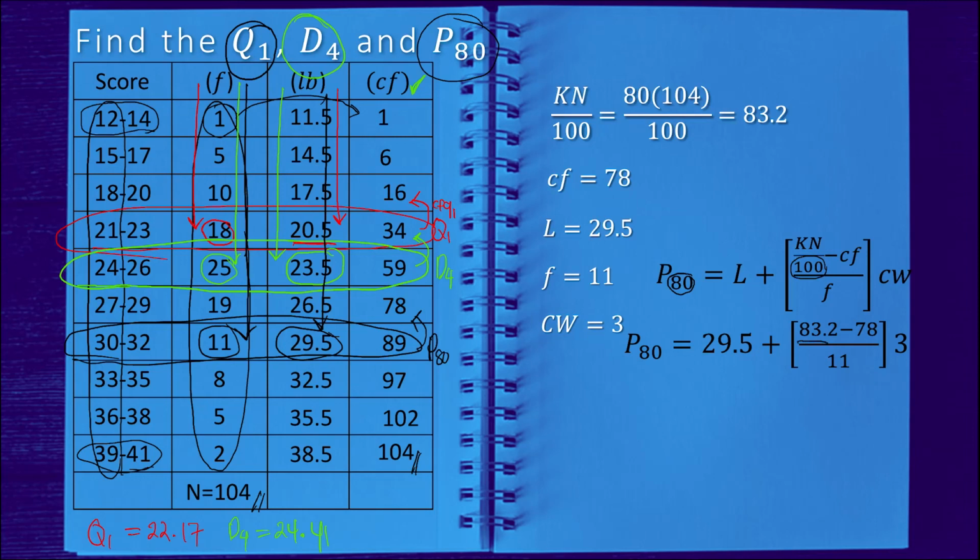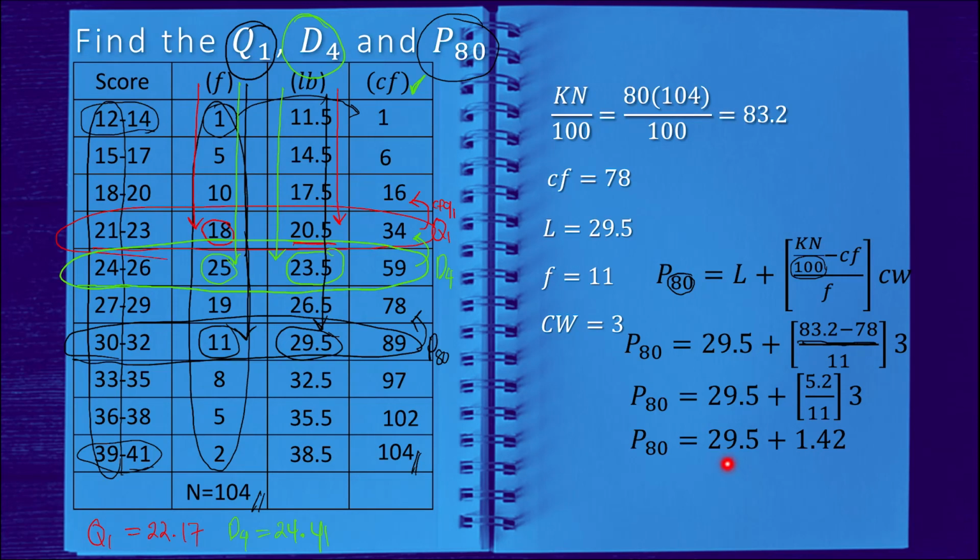Okay, again, unahin po natin yung nasa numerator. Subtract lang natin si 83.2 minus 78. That is 5.2. Then, divide and multiply tayo. 5.2 divided by 11 times 3, that is 1.42.